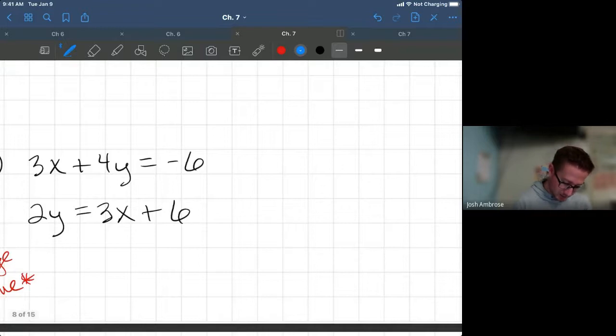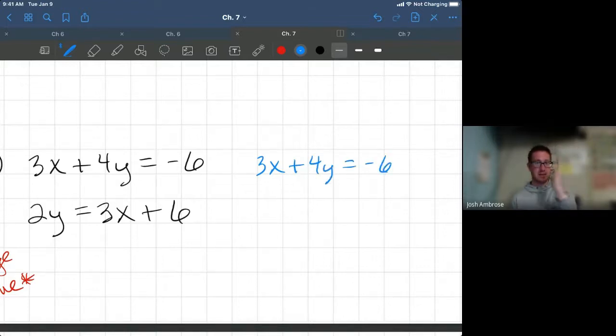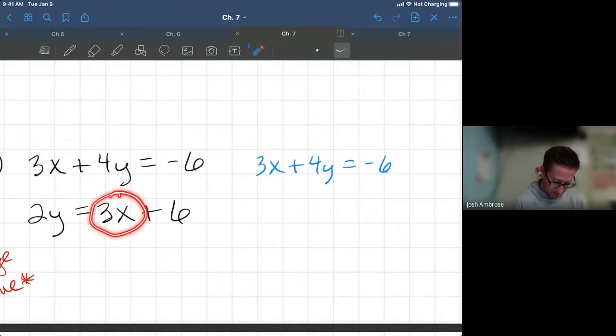All right, so I'm going to keep the top equation perfectly as is. I'm not going to change that because it is x, y, equal sign already. But I do notice that my 3x, meaning this guy right here, is going to be moved to the other side.